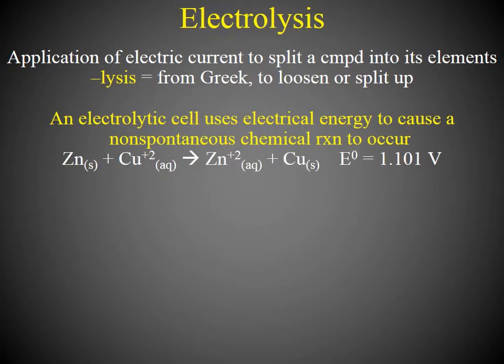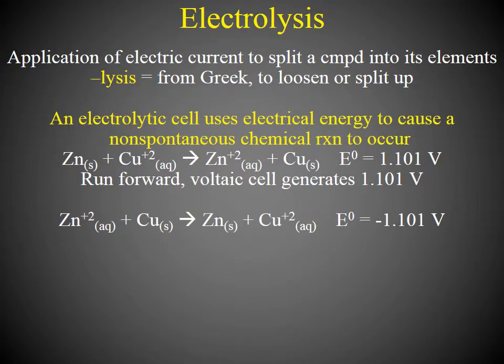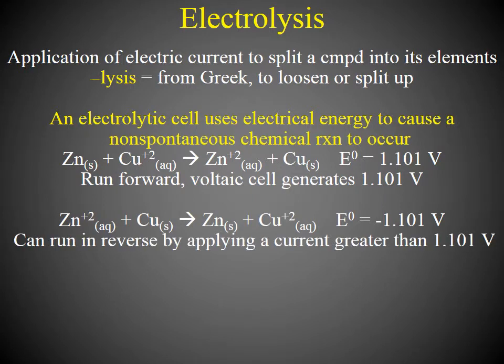occur. So, for example, if we have this reaction with this cell voltage, this is a spontaneous reaction. It's one that would proceed to the right and would generate 1.101 volts. However, if I wanted to run it backwards, as you can see, I would have to apply the same amount of voltage in order for the reaction to occur as written.